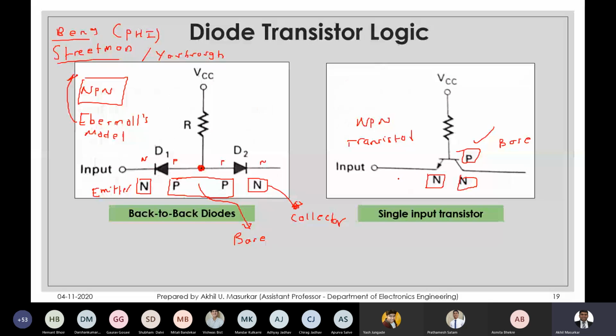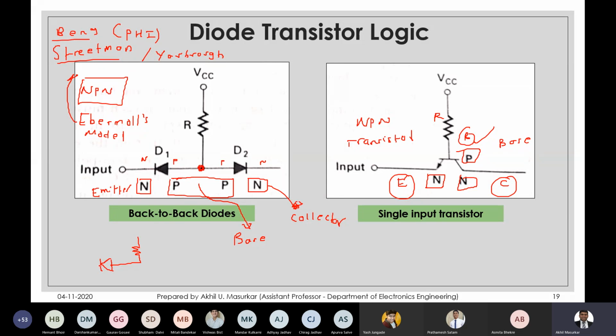So this is emitter, collector, and this is my base. Please draw this.